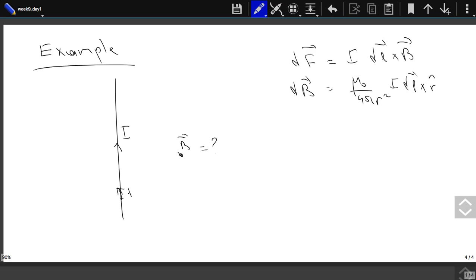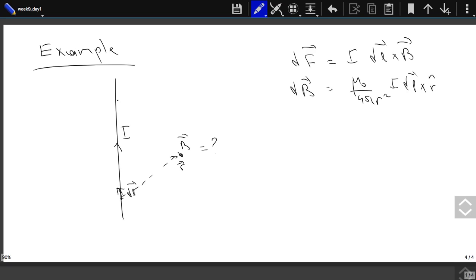This is my dl. This is my r for that very small segment. What is dl cross r? What's the direction of dl cross r? This is dl, this is r, this is dl cross r into the screen.